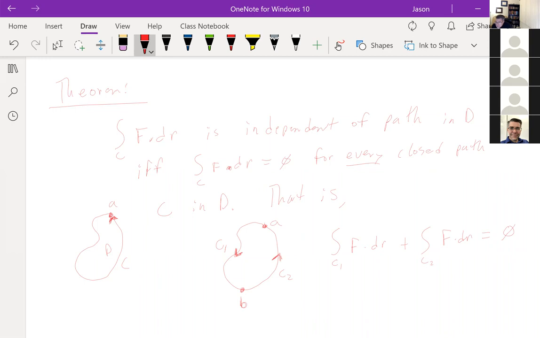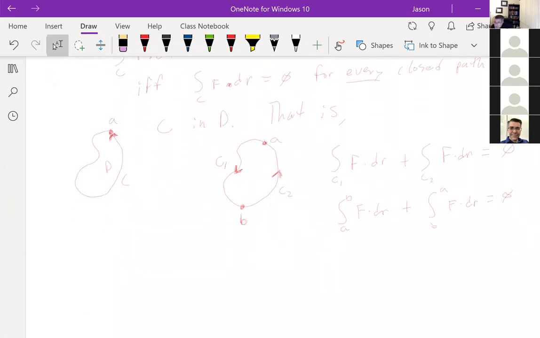Now I could shift some things here. Think of C1 as going from A to B, with f dot dr, plus, now what's C2 doing? C2 is going from B to A, of f dot dr, is equal to 0. Well, what happens if I flip the limits of integration?